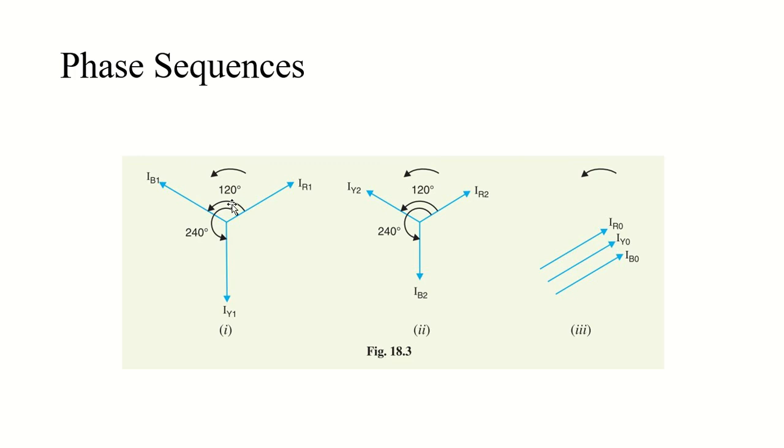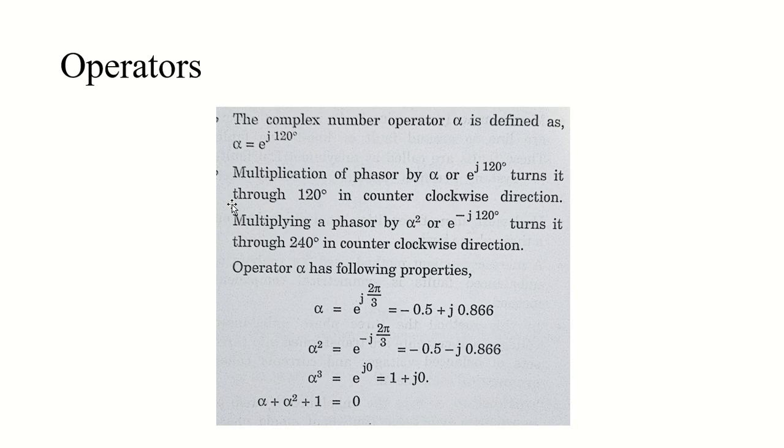Okay, now let's come to the operator, which I promised to discuss. The complex number which we saw after the angle is the operator, and it is defined as alpha equals e raised to j 120 degrees.